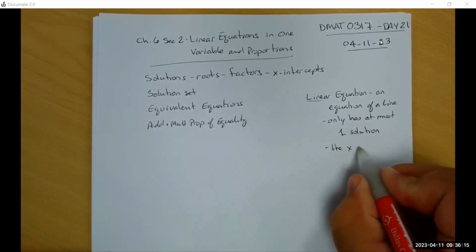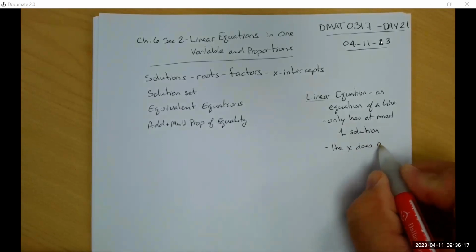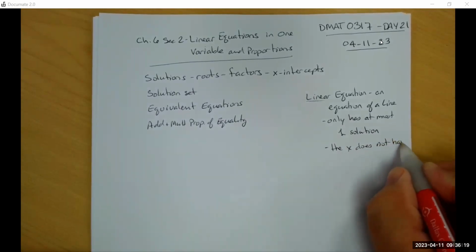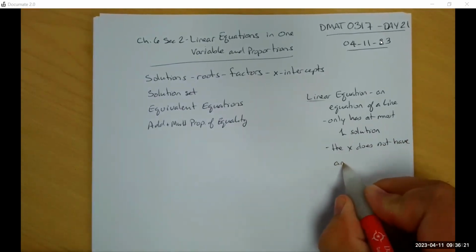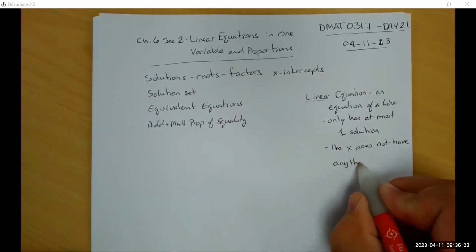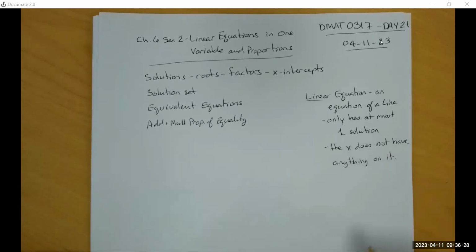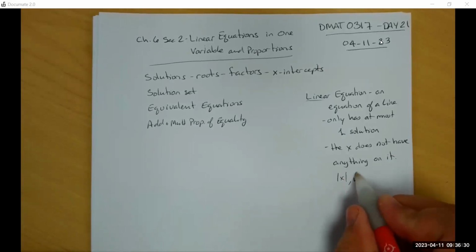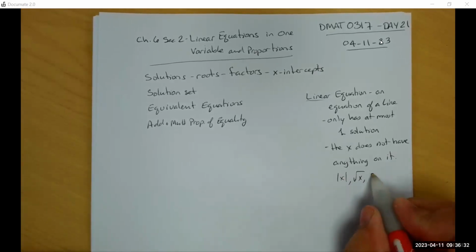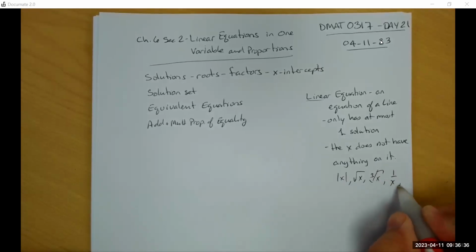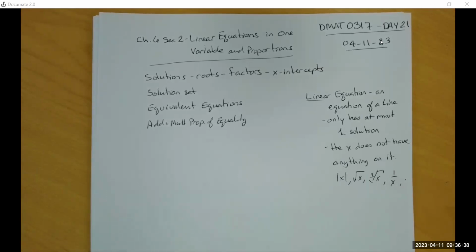The x does not have anything on it, like absolute values, square roots, cube roots. It's not 1 over x, and so on and so forth. It's just x.